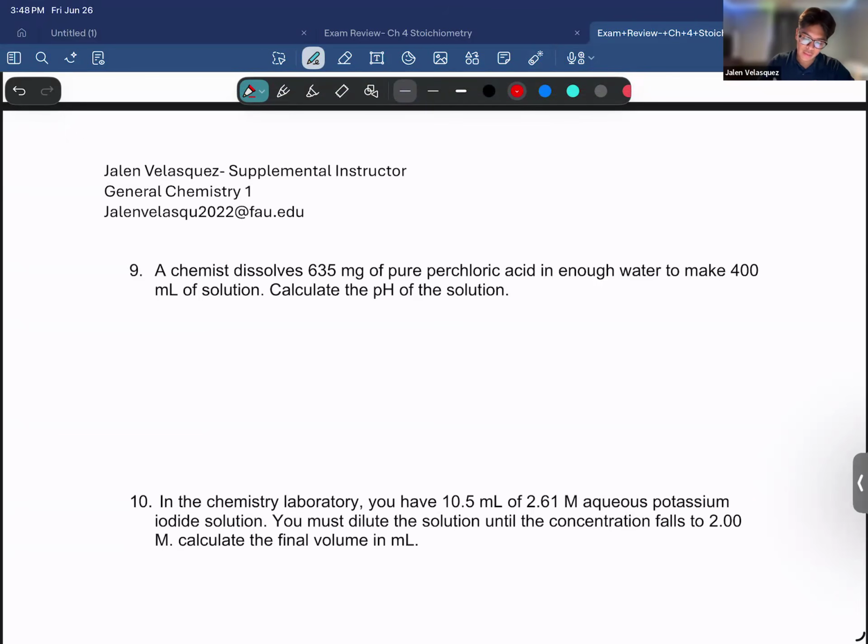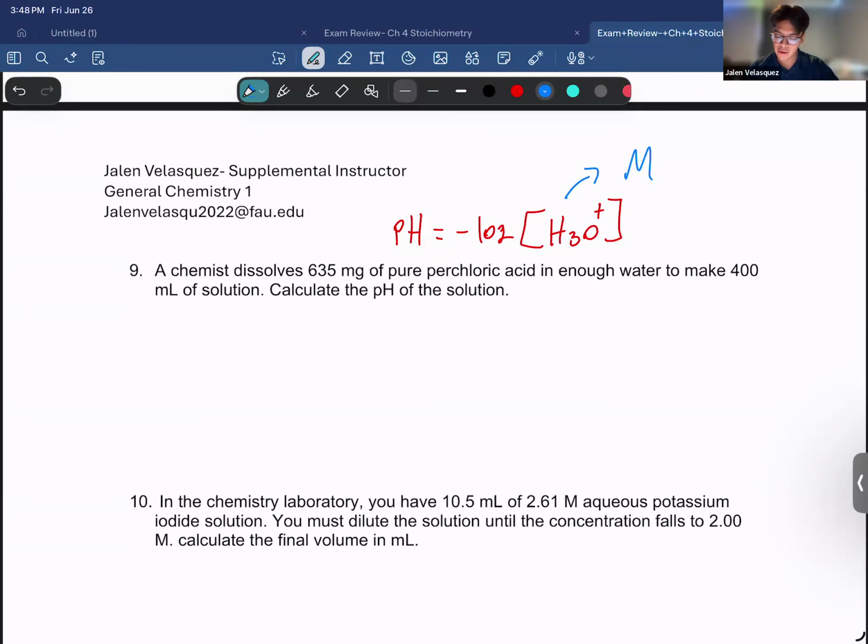We know pH is equal to the negative logarithm of the hydronium ion concentration. Remember, concentration, this is molarity. We know molarity is equal to the moles divided by the liters.